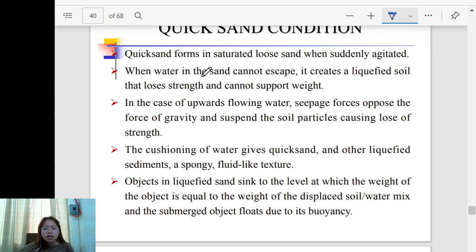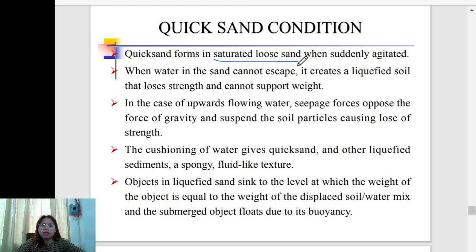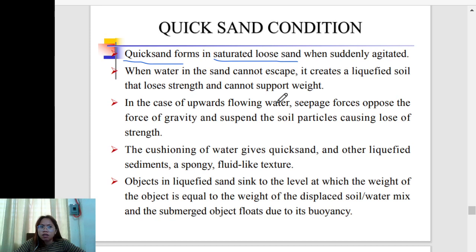Quicksand forms in saturated loose sand when suddenly agitated. So there is a formation of quicksand. As for the meaning of quicksand, if you have seen it in the movies, it seems to absorb the object, or if you sink into it, it is hard to get out.